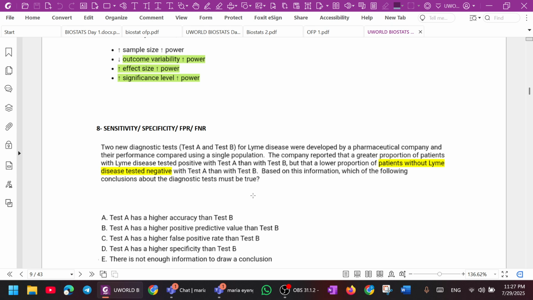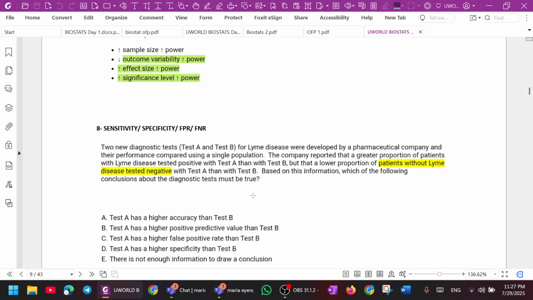Two new diagnostic tests, test A and test B, for Lyme disease, were developed by a pharmaceutical company, and their performance compared using a single population.